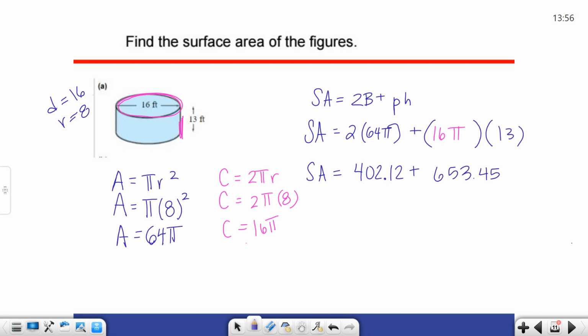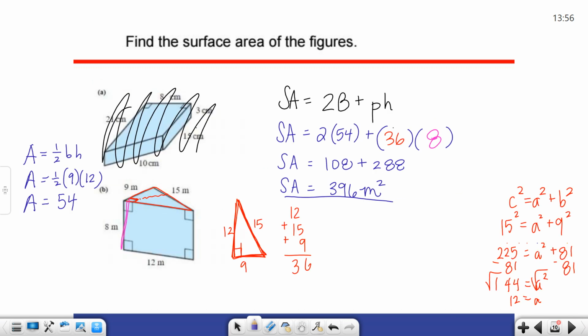Then I'm going to add them together, and then I'm going to round. So I'm going to get that my surface area is 1055.57. So I'm going to round it up to 1,056, and it would be in square feet because it's an area. And that's how that one would look.